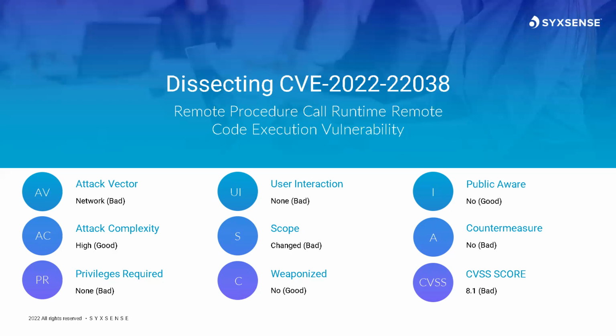But as it stands, its attack complexity is high, which means it's very, very difficult to exploit, but that doesn't mean impossible. There are no privileges required, no user interaction, and it does have a jump point. So should they be able to exploit the RPC service, they would be able to jump sideways and therefore go into other technology on the machine.